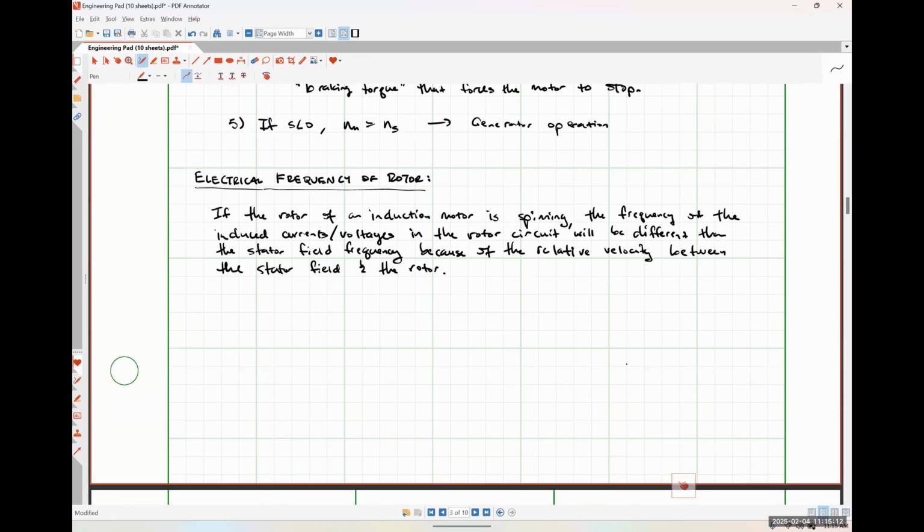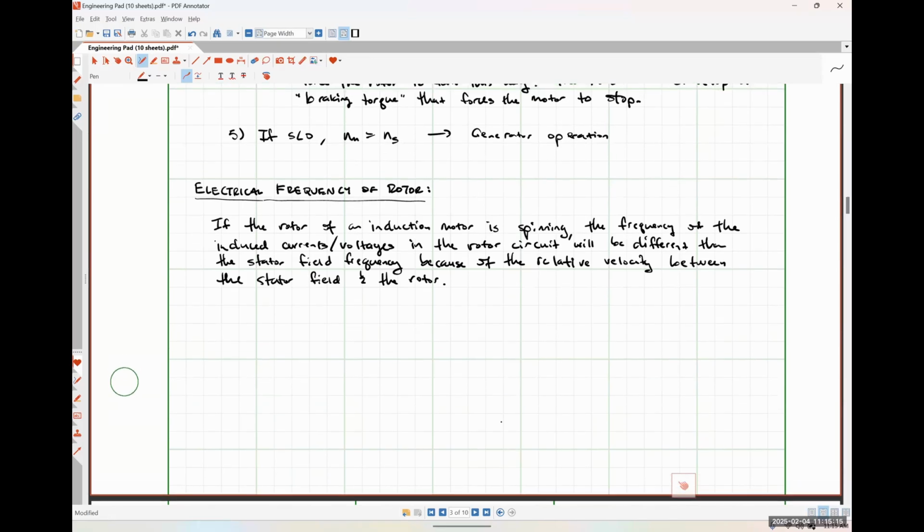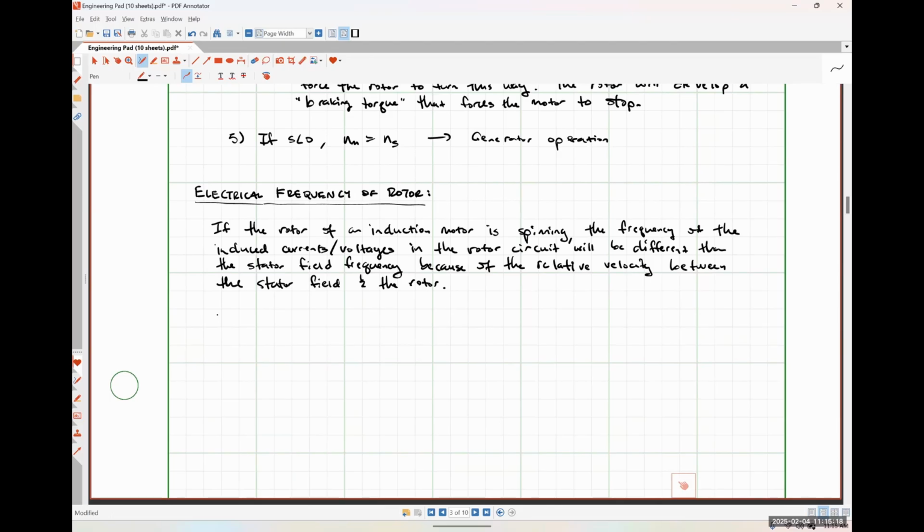So while running, the frequency of the induced voltages and currents is related to the slip speed as F sub 2.